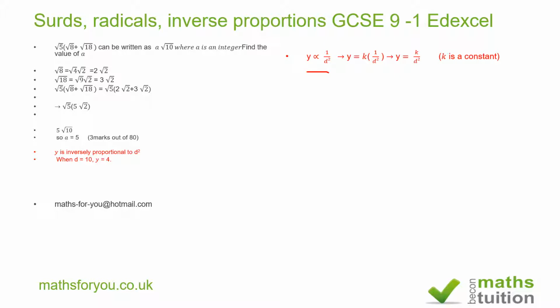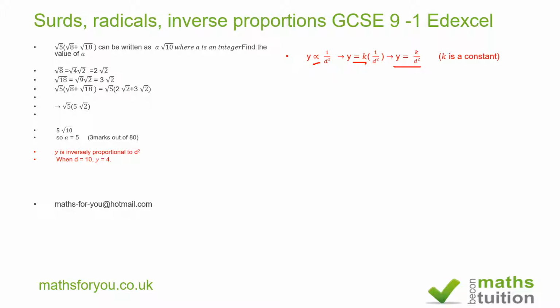So y is inversely proportional to d squared. Now I'm going to replace this proportionality sign with the equal sign and a constant. So y is equal to k multiplied by 1 over d squared, which becomes y is equal to k over d squared, where k is a constant term.